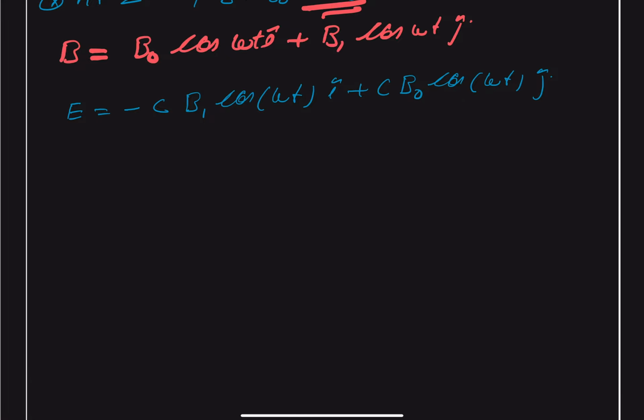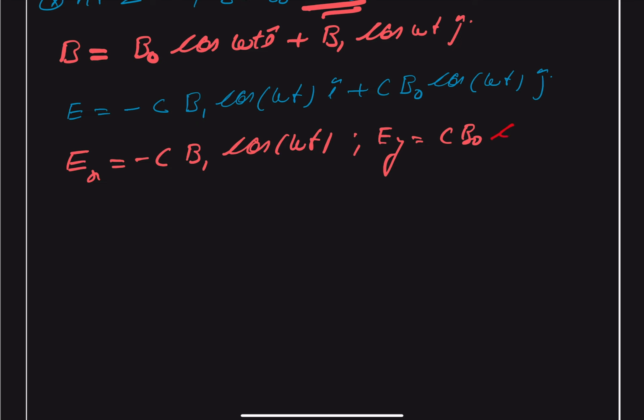Now we can write our x component will be equal to minus c B1 cos of omega t, and our y component will be c B naught cos of omega t.